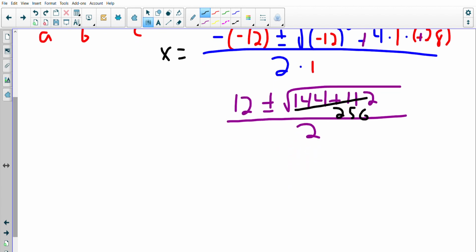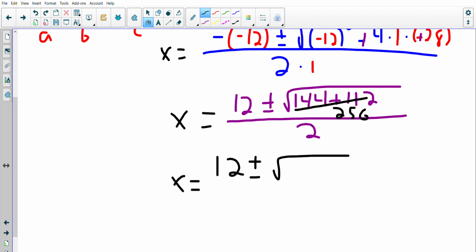So I'm going to go down here and put my x equals in. So x equals 12 plus minus the square root of 256, which is 16, all over 2.